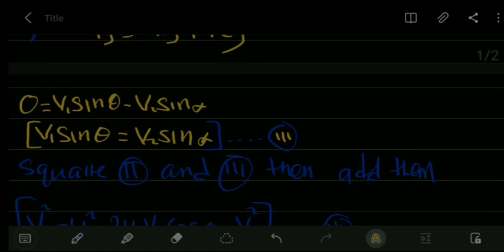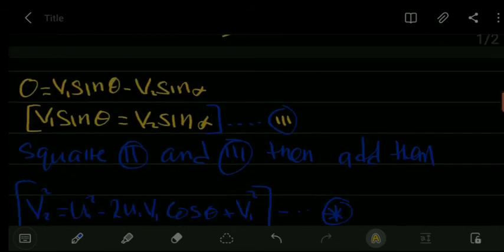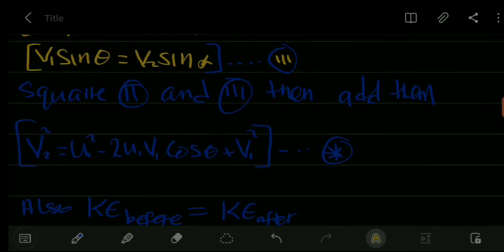Now we're going to square equations 2 and 3 and then add them together, and we're going to come up with equation star in this form. So try it out. It's quite a long process. After squaring equations 2 and 3, we obtain equation star. So we end here. There's nothing much to do.